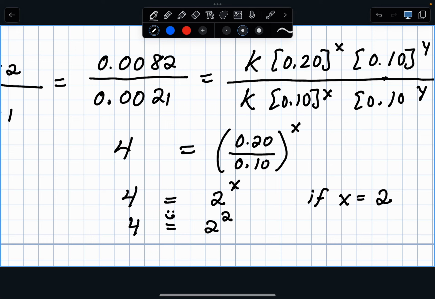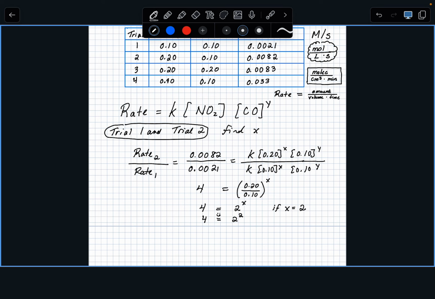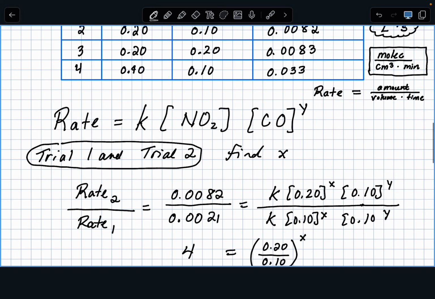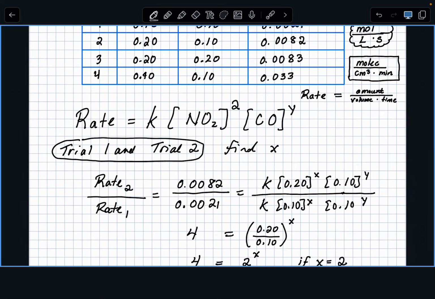So if you go back up here, that's just us saying, okay, if I doubled the concentration of nitrogen dioxide, the rate went 4 times as fast. So it has to have what's called a squaring effect. That means x is 2, and that's going to be called second order with respect to NO2.